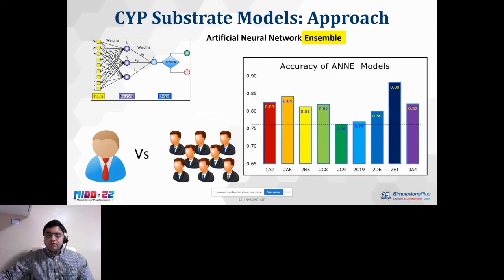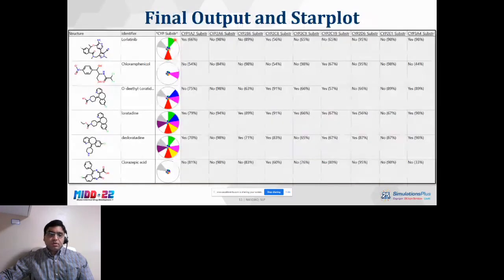And just to give you an overview of how these outputs are displayed in ADMET Predictor, we have all these 9 substrate models, and we also depict it as a star plot.